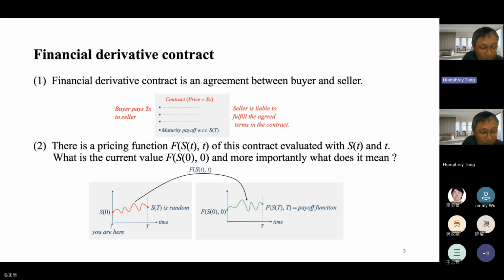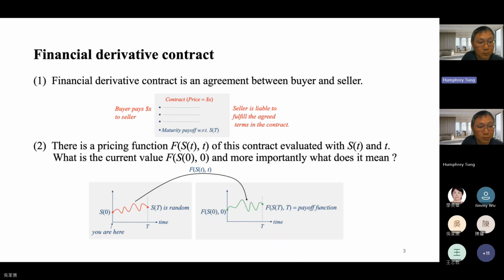And how we actually figure out this formula, and also there's a meaning, more importantly, the meaning of why the seller thinks this price will be the correct price that he should receive.